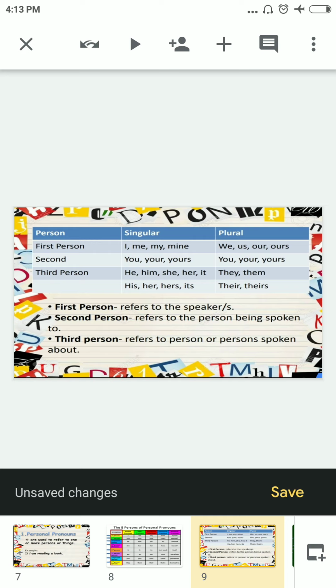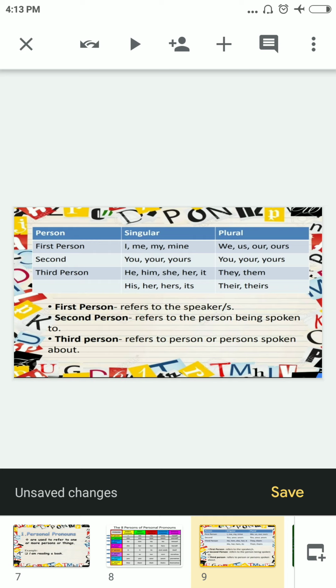See here, we have another table about person, singular and plural. If we use first person singular, then we are able to use words like I, me, my, mine. All these pronouns we can use with first person singular.